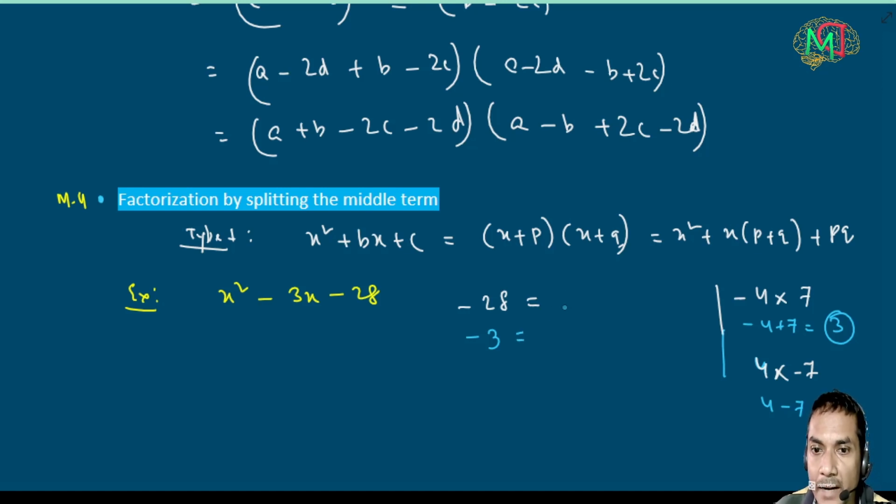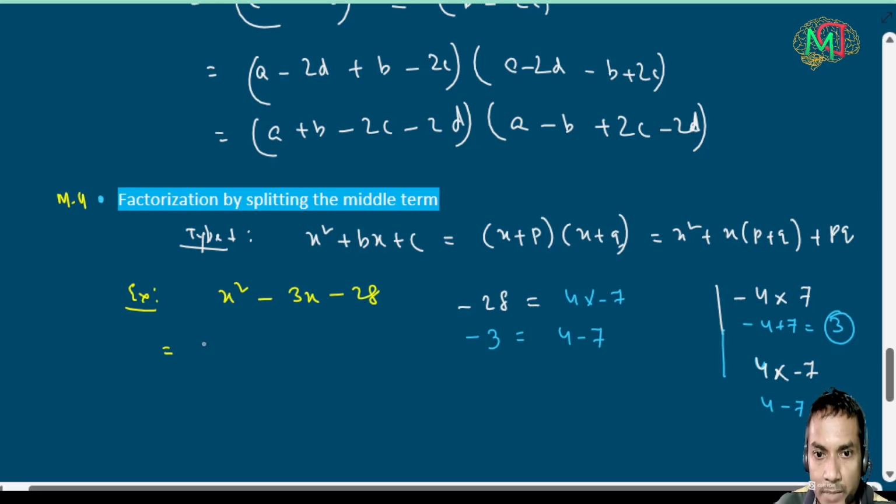So we can write minus 28 as 4 into minus 7, and minus 3 we can split as 4 minus 7. You can write it as minus 7 plus 4, you get the same result. Clear? Now we split the middle term.